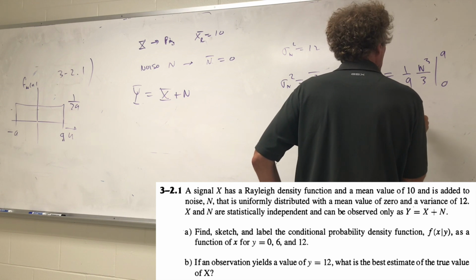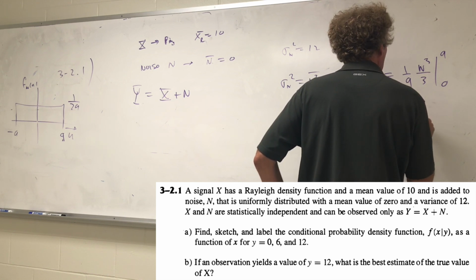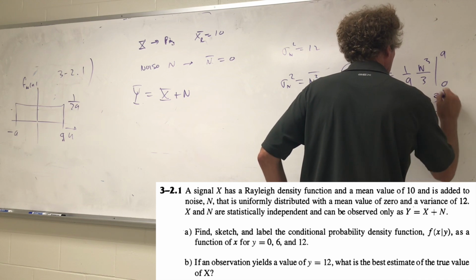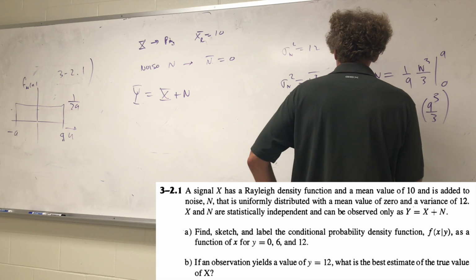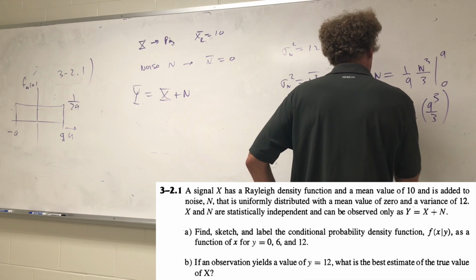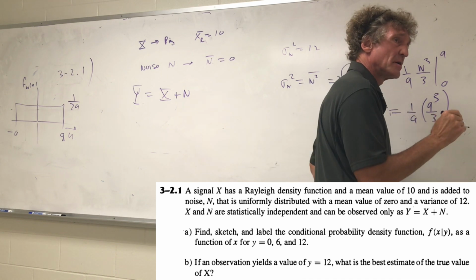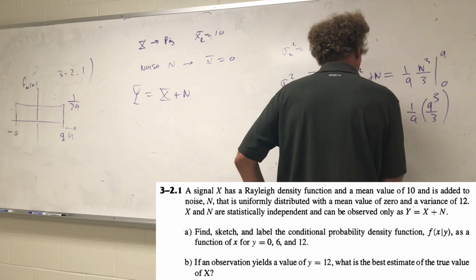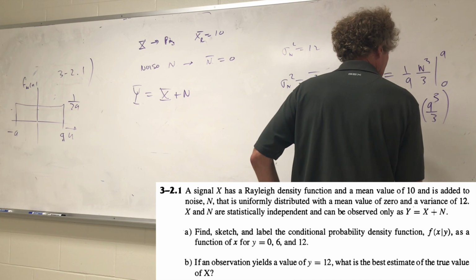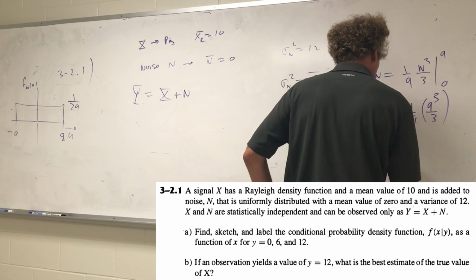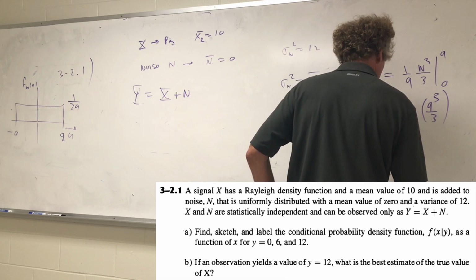And what is that going to be? That's going to be 1 over a, times a cubed over 3, which equals sigma n squared that he gives us. Is sigma n squared 12? Yes. So if that's 12, that's equal to a squared over 3, so 36 is equal to a squared, or a is plus or minus 6.